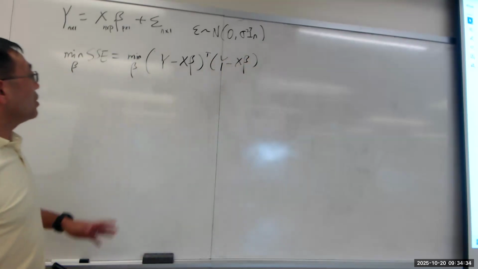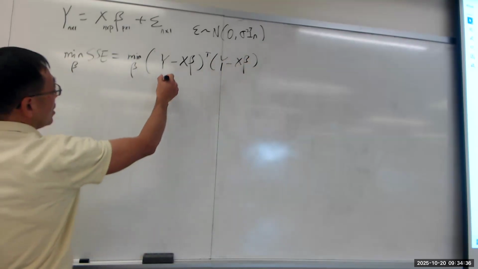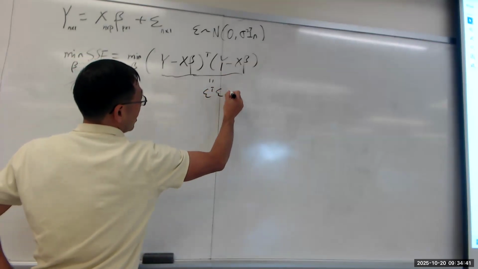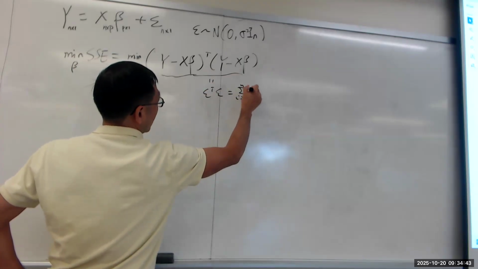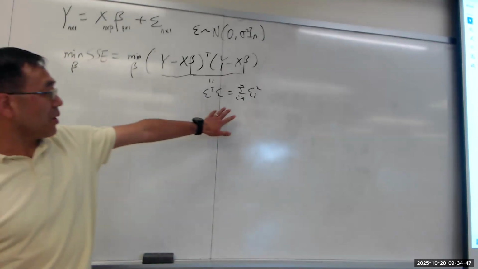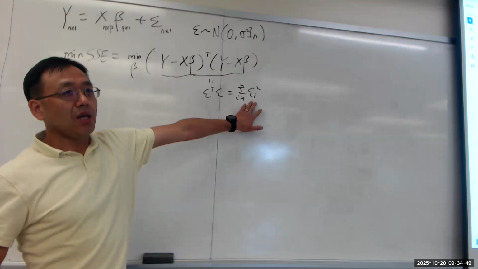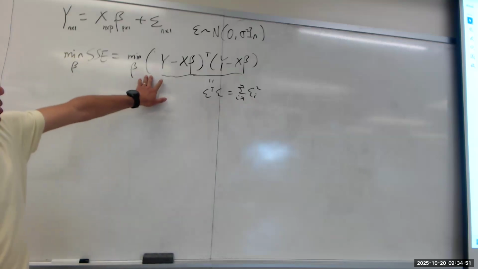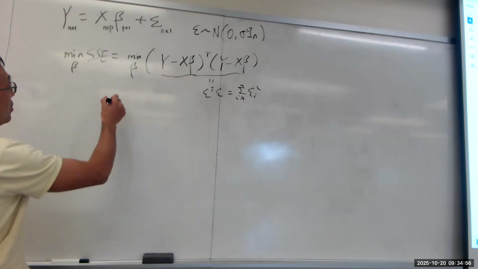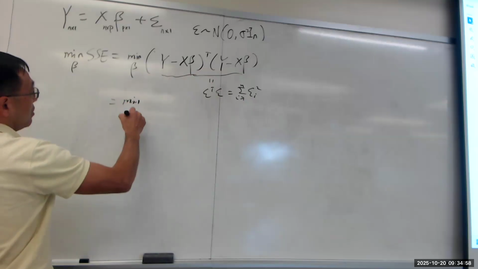Okay, so what do you do here? This is essentially equal to epsilon transpose epsilon, which is equal to the summation from i equals 1 to n of epsilon_i squared. This is basically the sum of squares of the errors, right? Then when you have this term, you minimize with respect to beta.